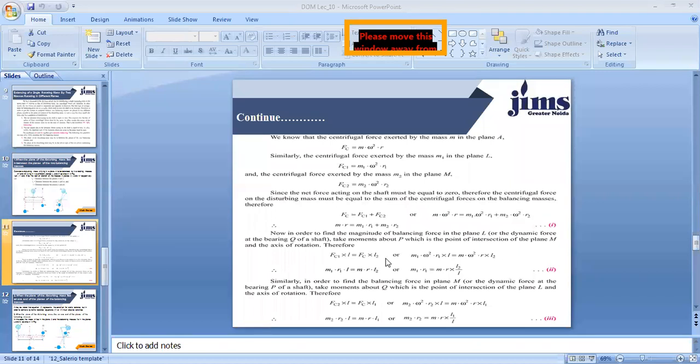Let us read out. In order to find the magnitude of the balancing force in the plane L, or the dynamic force at bearing Q of a shaft, take moments about P, which is the point of intersection of plane M and the axis of rotation. Therefore, Fc1 into L equals Fc into L2. Again we consider this figure.